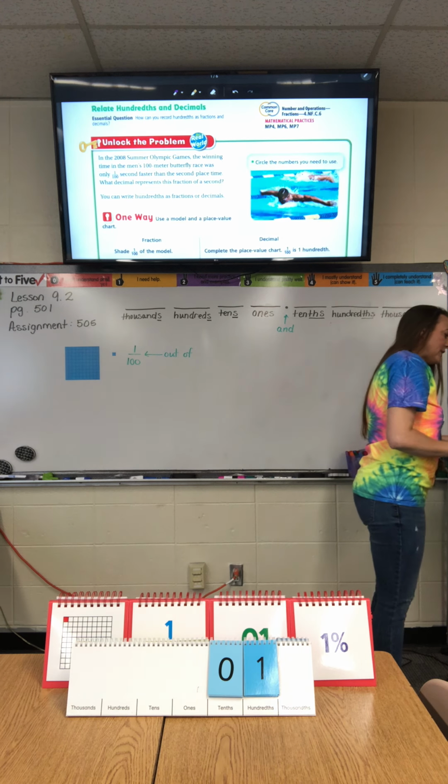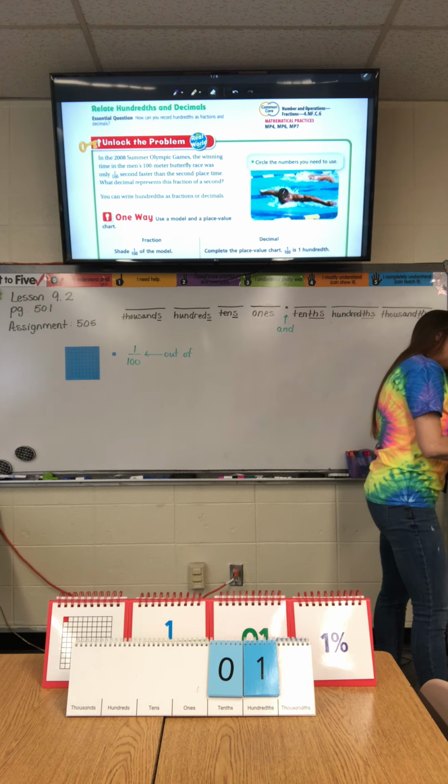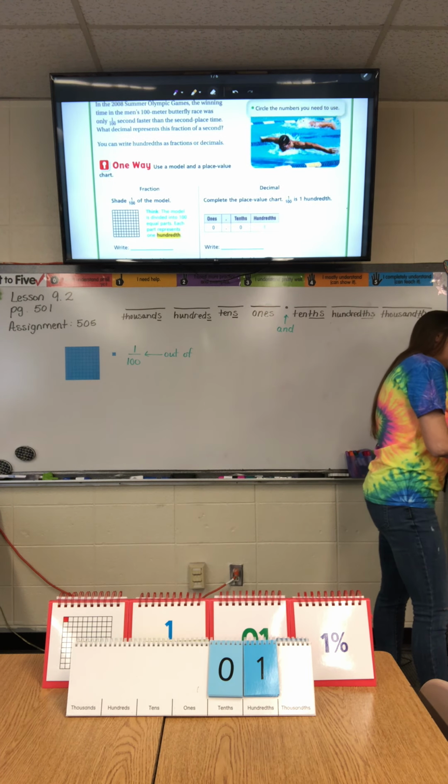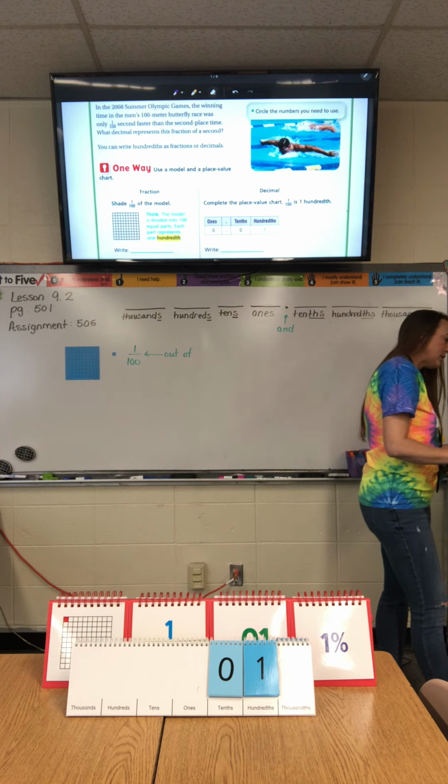So our essential question says, how can you record hundredths as fractions and decimals? So here we go. In the 2008 Summer Olympic Games, the winning time in the men's 100-meter butterfly race was only 1/100th of a second faster than the second place time. What decimal represents this fraction of a second?